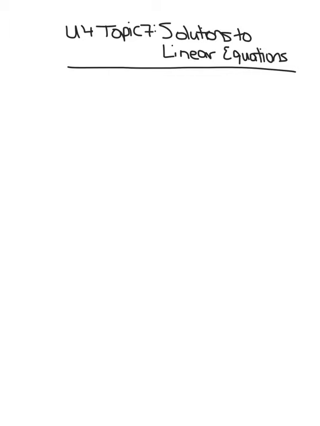All right, so this is what we're going to be talking about. And specifically today, we're going to talk about being able to algebraically prove or disprove if a point is on a line. So solutions to linear equations.